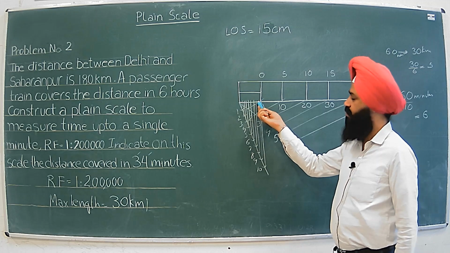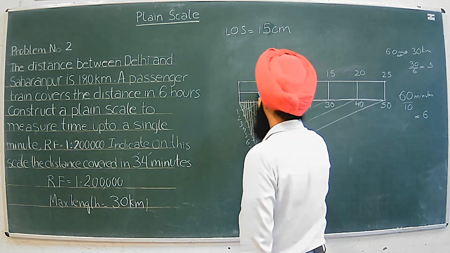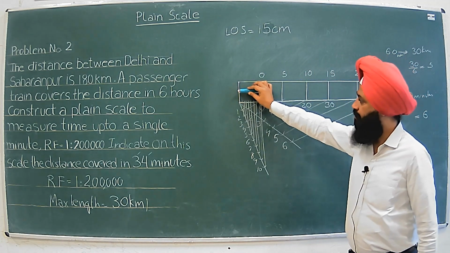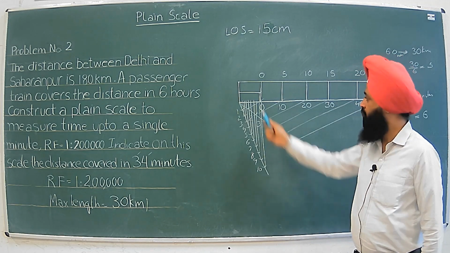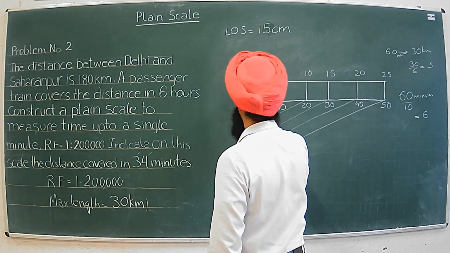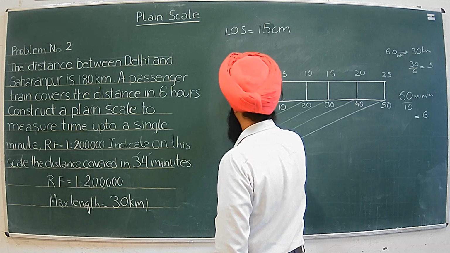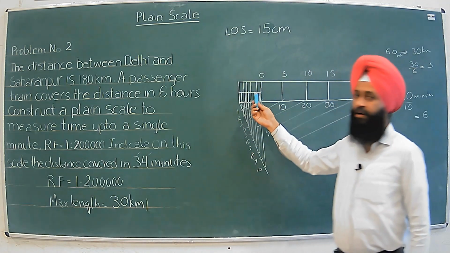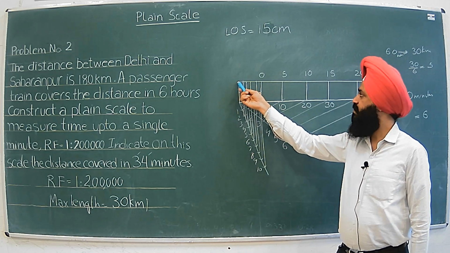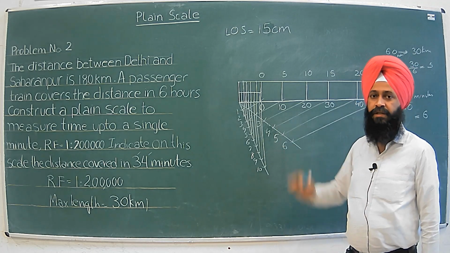And this first division is 0. Draw a line perpendicular to the base up to the center, up to this middle line. From the second division, draw a line up to the top. So all the odd divisions are drawn up to the middle line and all the even divisions are drawn up to the top for differentiating between the divisions.